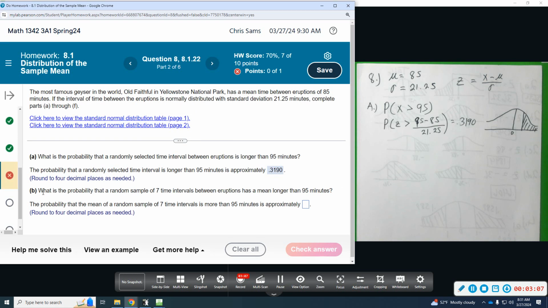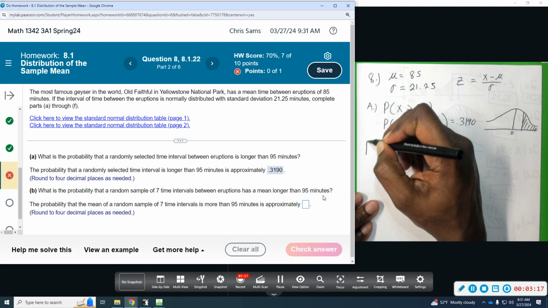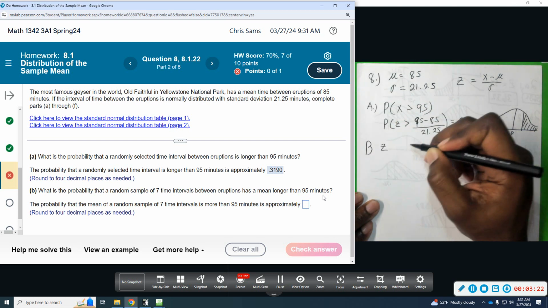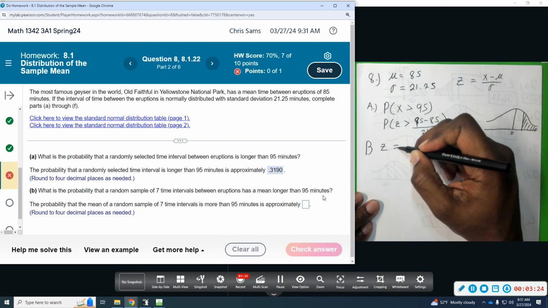All right, part B, what's the probability that a random sample of 7 time intervals between eruptions has a mean longer than 95? Okay, so part B, we're now applying the sampling mean distribution.